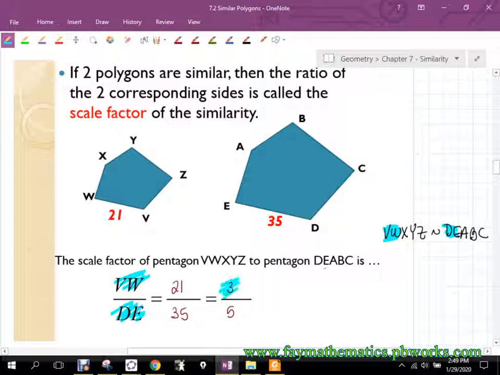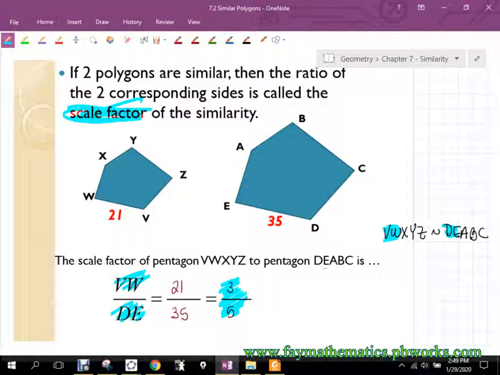This number 3/5 is called your scale factor. Okay, if you go back to dilations, you might have in 7th or 8th grade, there's a couple different ways textbooks talk about it. They could have called it a scale factor. They could have called it a dilation factor. If you're doing an enlargement, they could have called it your enlargement factor or a reduction factor. Okay, those are kind of the terms that we use.